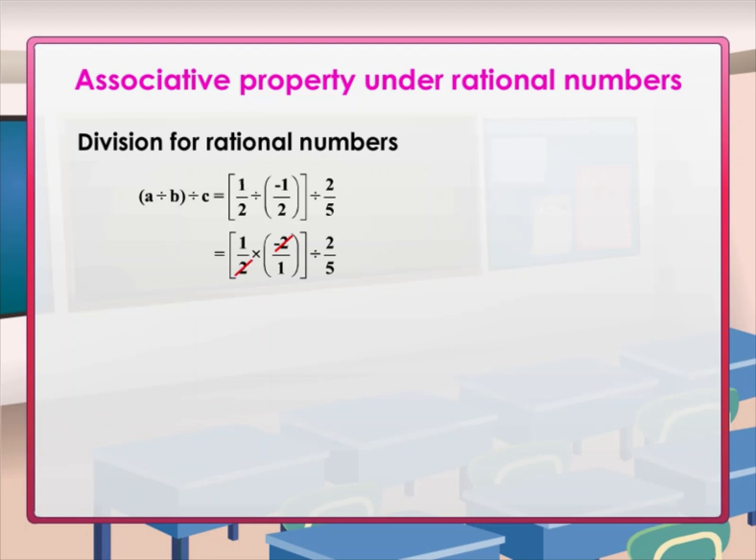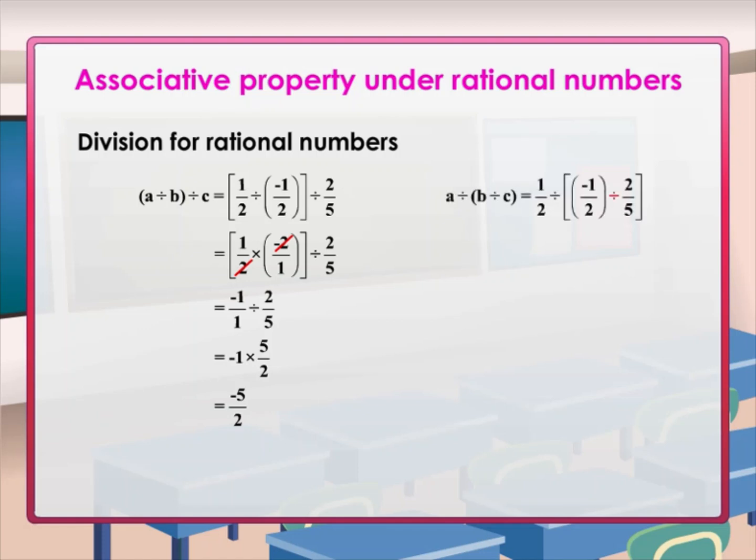We have to remember that this is a negative sign. So we have minus 1 divided by 2 by 5. Again, we convert the operation into multiplication by exchanging the numerator and denominator. So we get minus 1 multiplied by 5 by 2. So we get the result as minus 5 by 2.